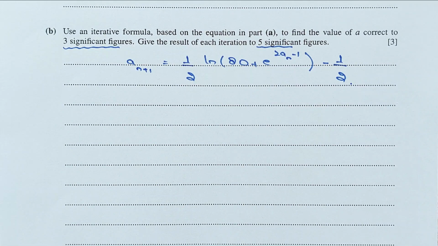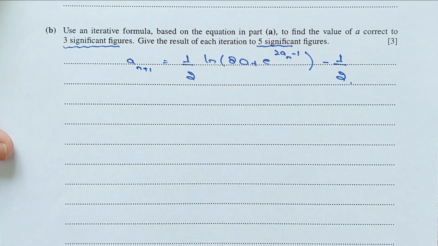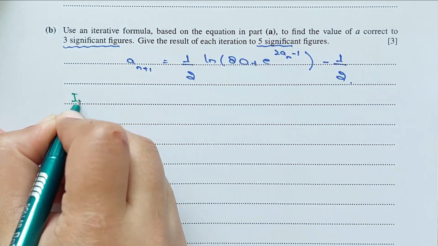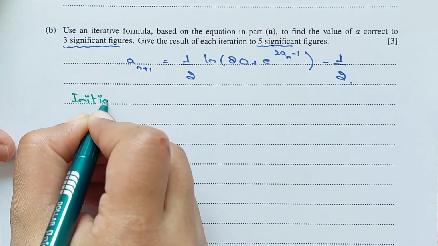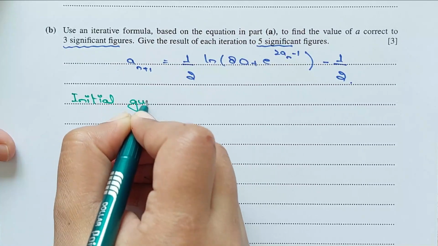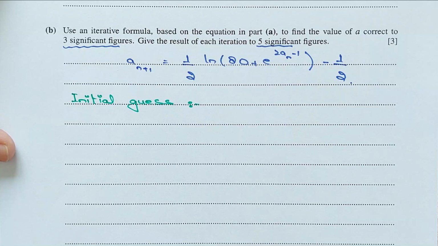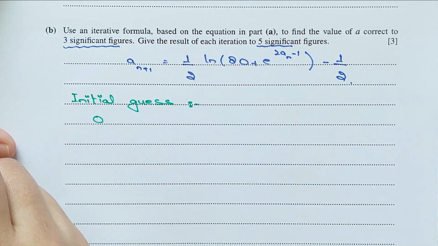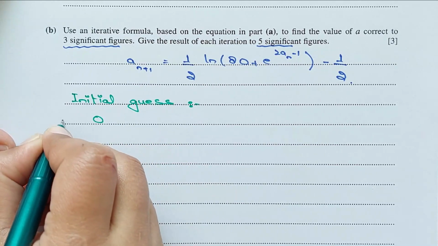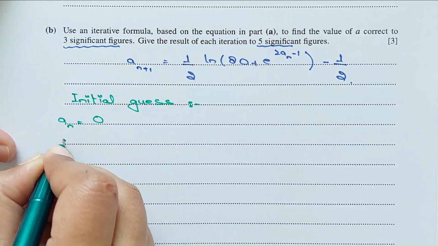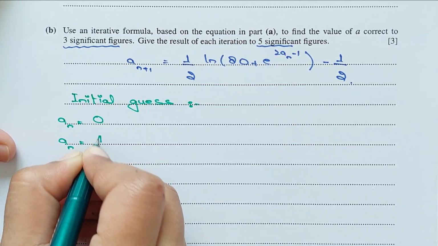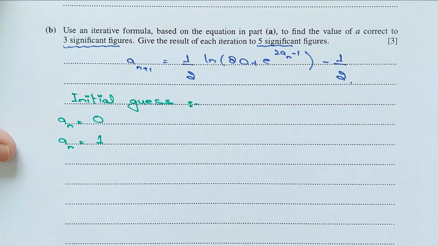If the sign change occurs, then we have a root. Let's say the a value is between 0 and 1. If I take a(n) equals 0, and a(n) equals 1, between 0 and 1.